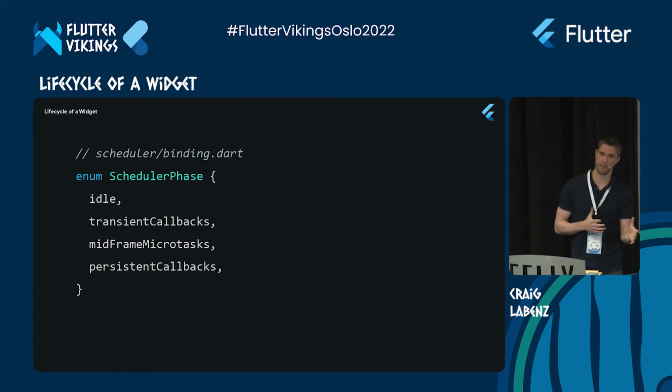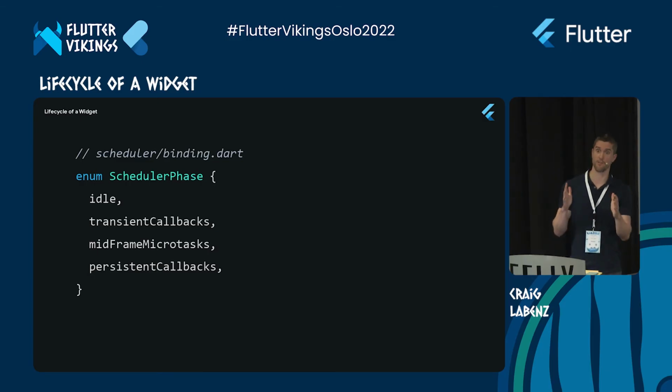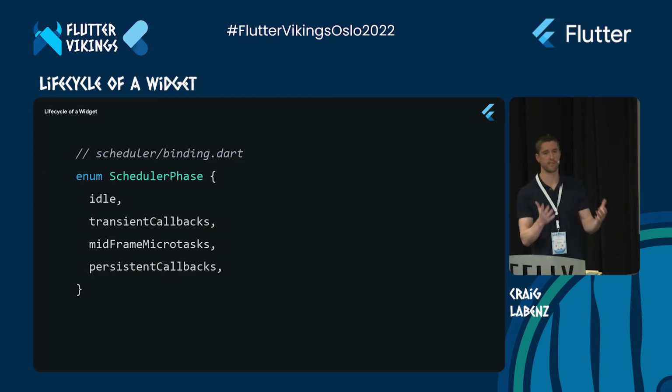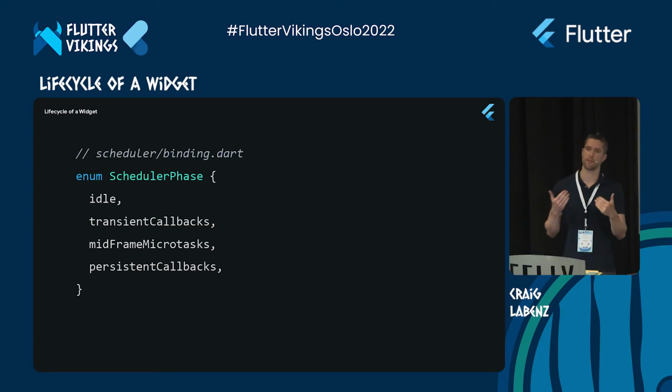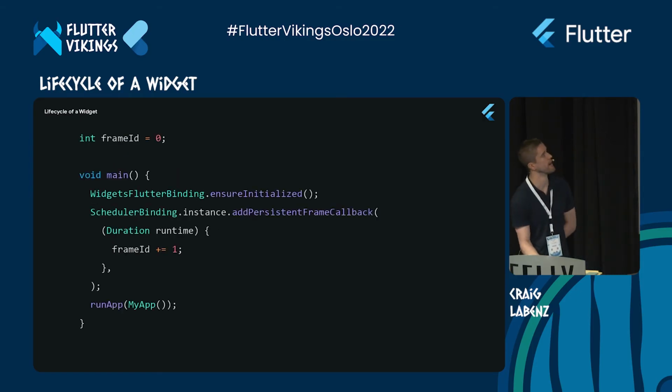Now, unlike transient callbacks, which deal with fickle things like animation controllers, which come and go, persistent callbacks is where Flutter calls its ride or die callbacks that persist for the entire run of the application. And Flutter has its own of those, like rendering everything, but we can also register our own. So let's say you wanted to count every frame that your app emits.